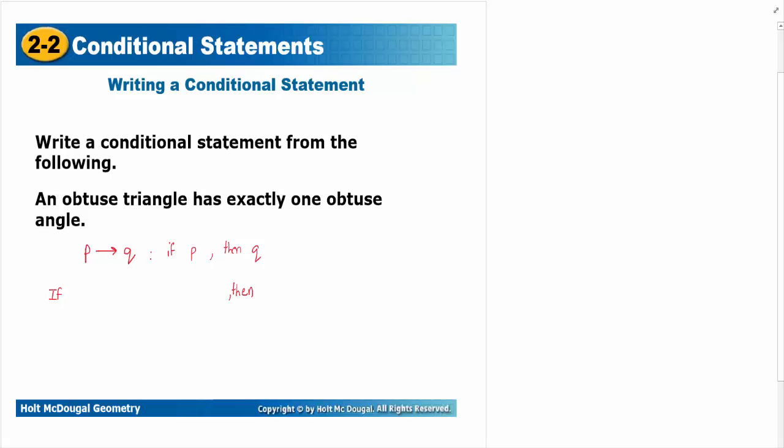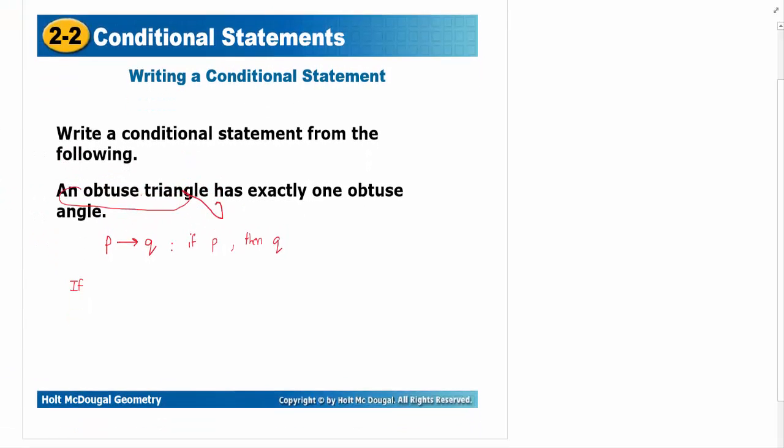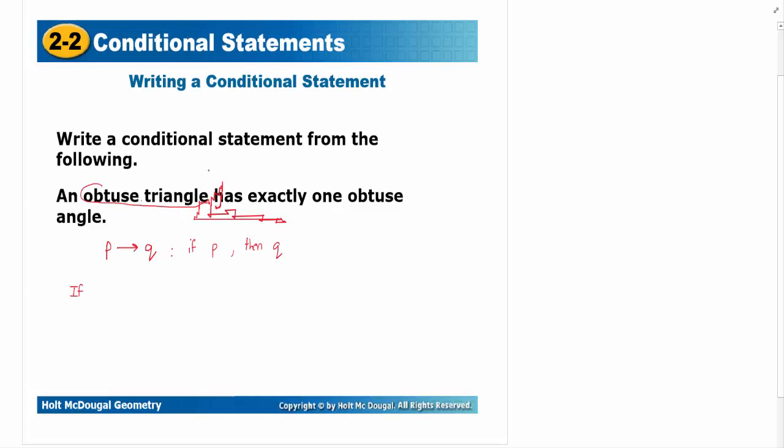So here we go, and I'll give myself some space. I know I'm going to have an if-then, but I need to first clear that so I make sure I have enough room. So this one, if you look, we're going to have an obtuse triangle is what we get out of this. So this is going to end up being our conclusion. If you take a look at the statement, that's the output. We end up with an obtuse triangle.